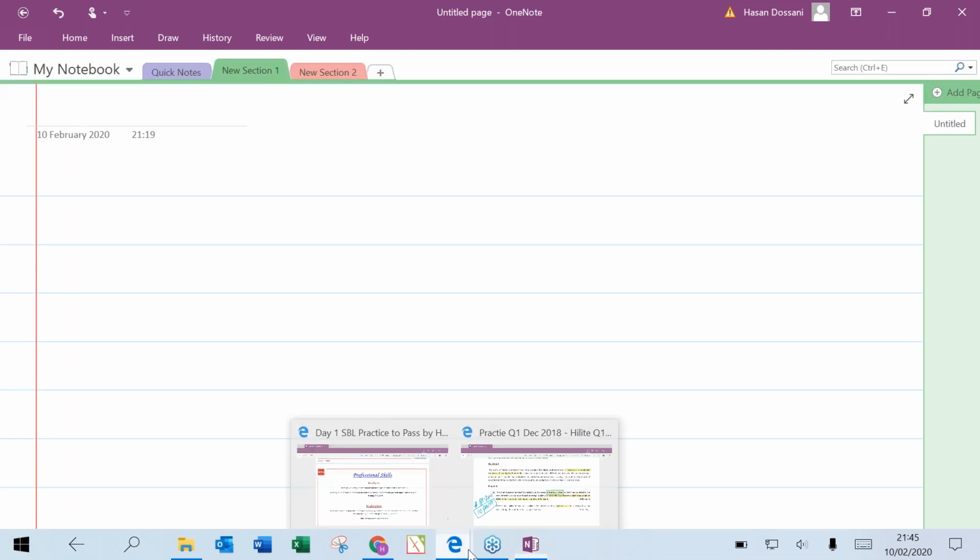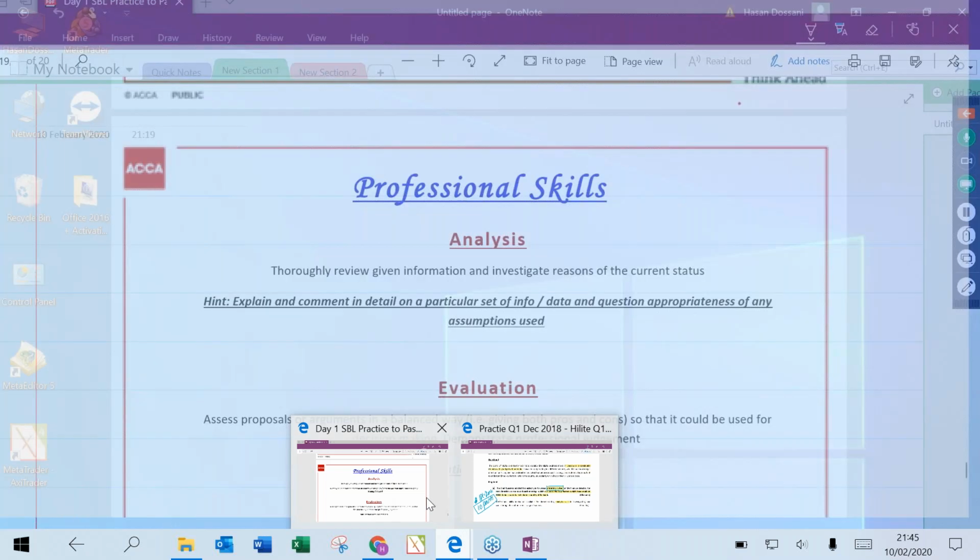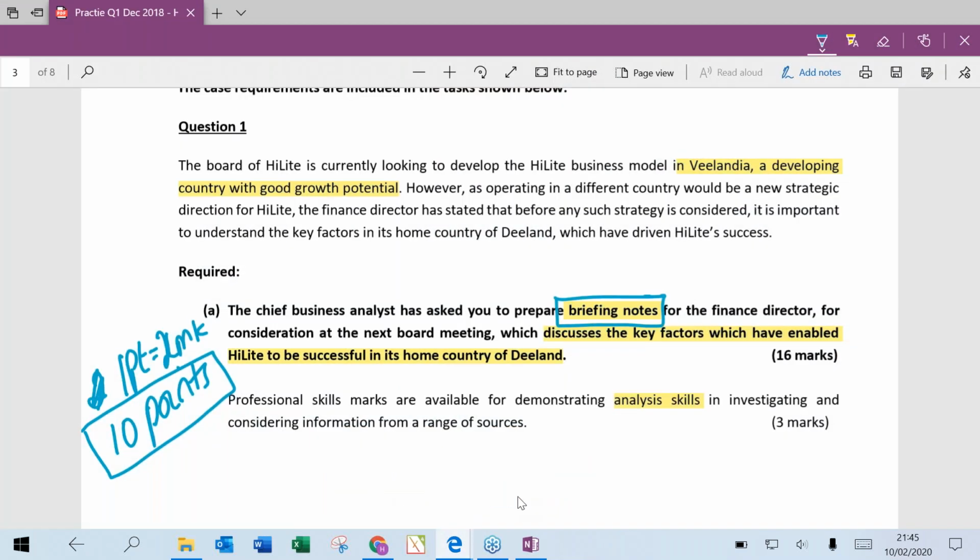First of all, now let's focus on the format. So it's briefing notes. Okay.